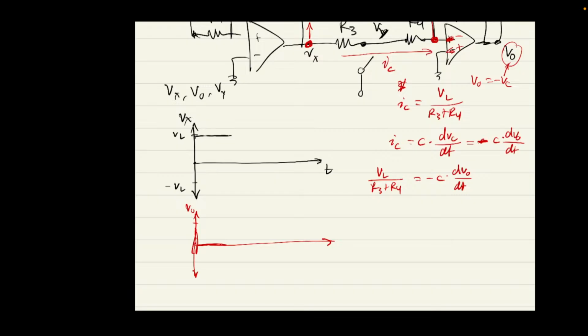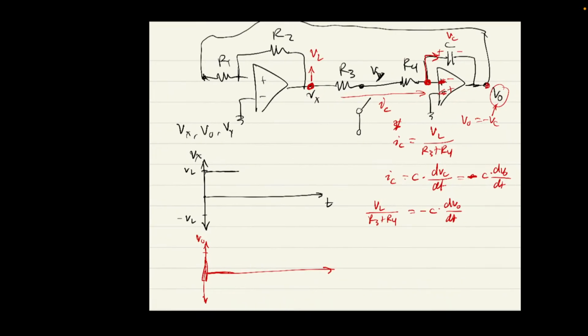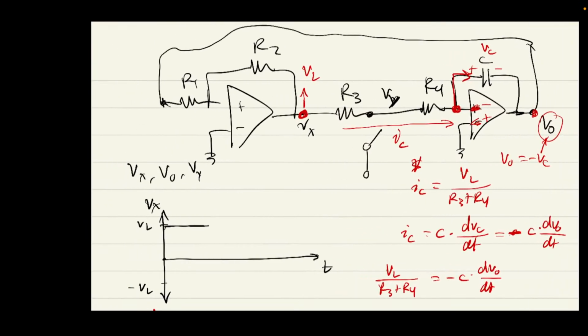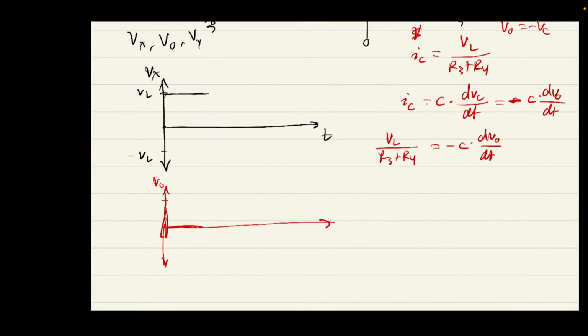So the voltage at VO is actually going to be decreasing as the capacitor is charged, right? We know that the voltage here is 0, and we know that the voltage across the capacitor is increasing. It's getting bigger. Therefore, VO is getting more negative. So we start here, and it goes lower and lower and lower.